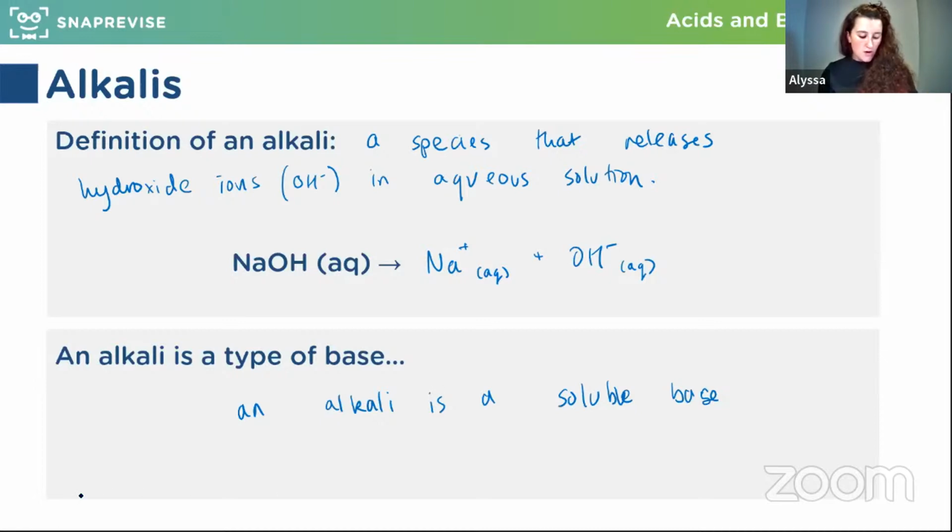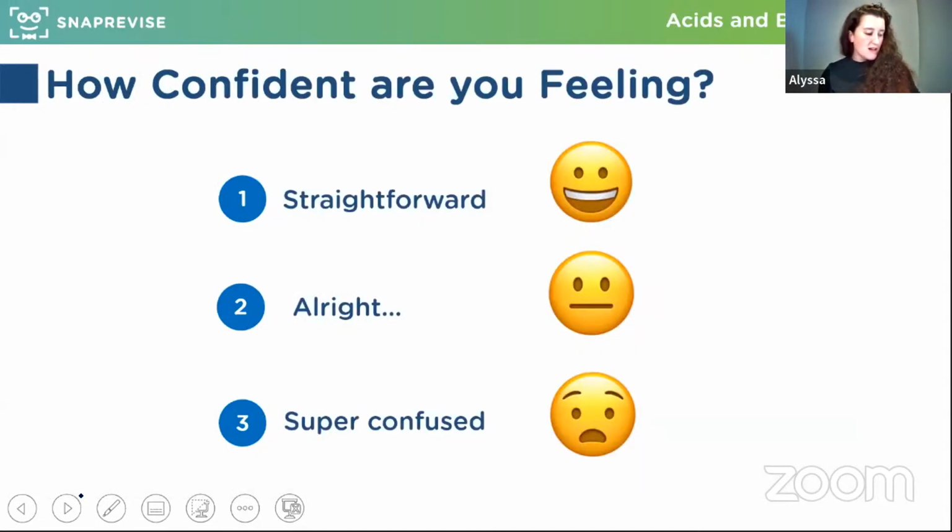Good. Okay, let me know briefly, give me a number 1, 2, 3, or smiley face, medium face, terrified face, on how you're finding that content. How confident are you feeling about that content? Just let me know in the chat.